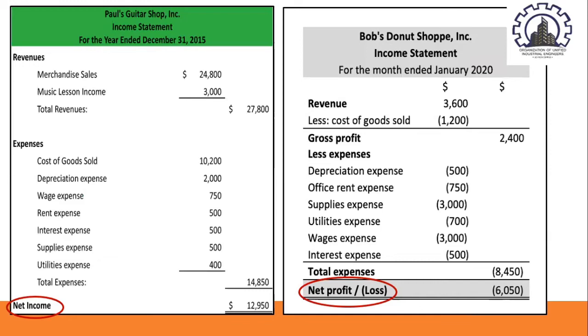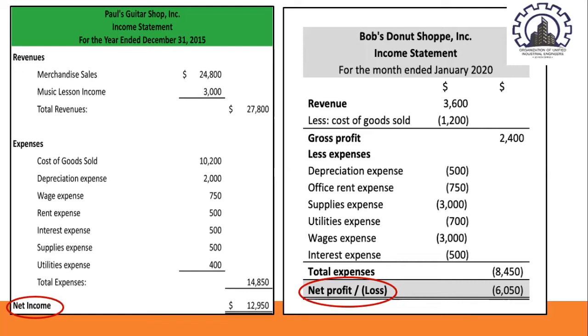Now, as you can see on the bottom part, the resulting value is positive. Okay, as you can notice, you have there encircled net income amounting to $12,950. So, meaning to say, the company is earning because its revenues are higher than its expenses.